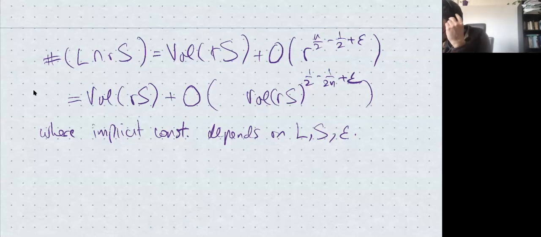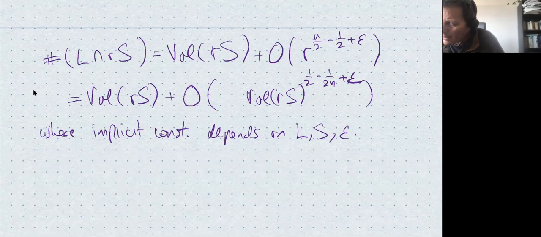So that's the conjecture, still open. And the theorem that we're going to be proving almost reaches this, for even more general growing sets than just the Euclidean balls.